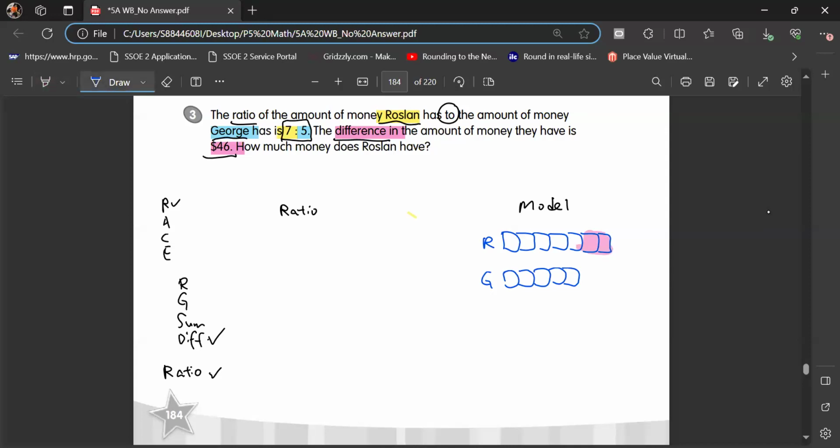So these 2 units here, this is the difference, and that's 2 units. So from this model, I can see already 2 units is $46. That's the difference. The question asks for Roslan, so it's asking for these 7 units. So 1 unit is 46 divided by 2, 23, and then Mr. Roslan is 7 units, so it's 23 times 7.